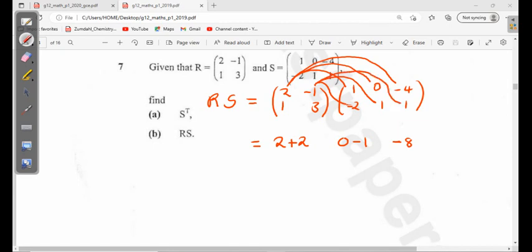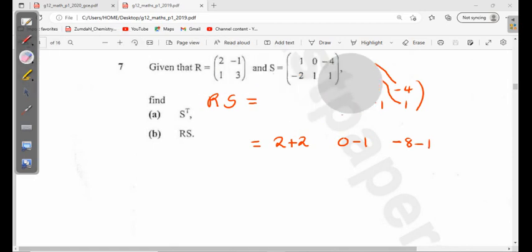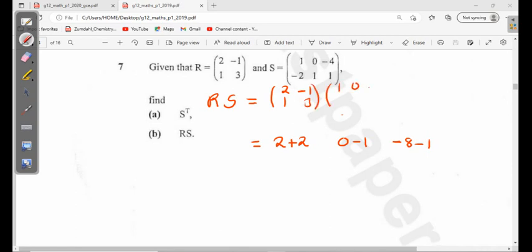We have got 2, 1, negative 1, 3. And then we have got 1, 0, negative 4, negative 2, 1, 1. Now we'll get down. Remember, I was just using the ones which are on top. So when we get down again, this one we can see here is going to be multiplying what is on top. This one we can see is going to be multiplying what is down.